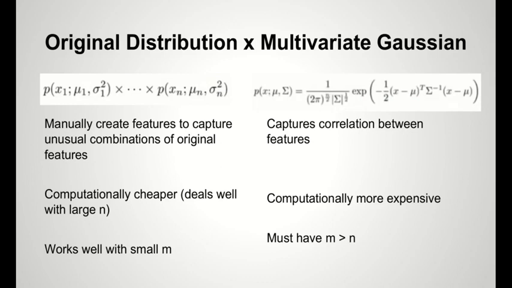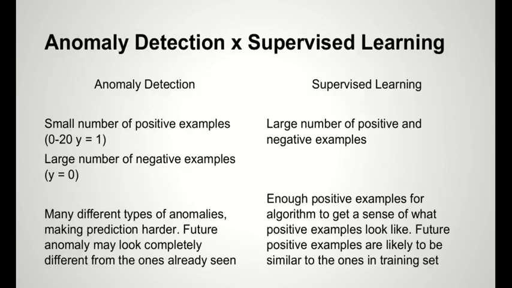So in that case, anomaly detection is the way to go. But when you have a large quantity of positive data, and you can get a sense of what a future positive example will look like, then you'll be better off with a supervised learning algorithm.